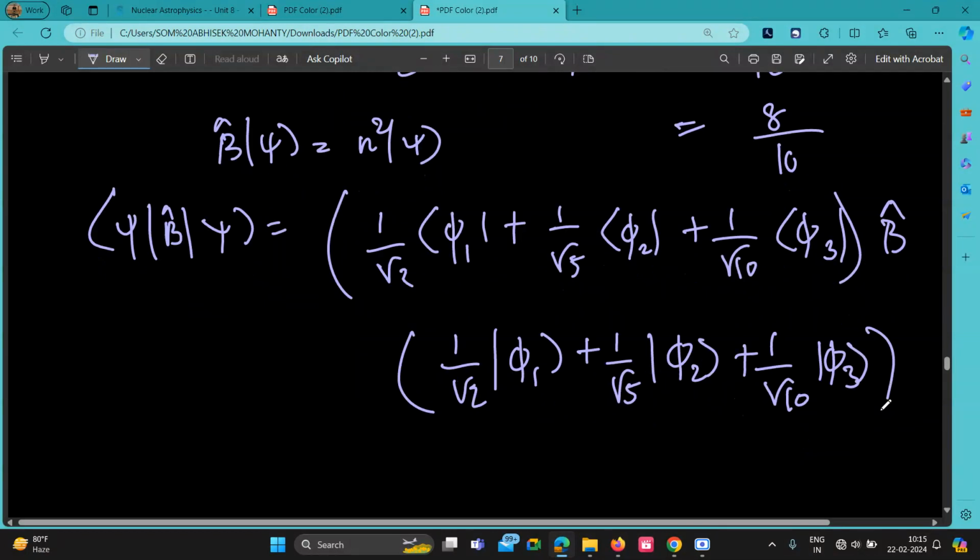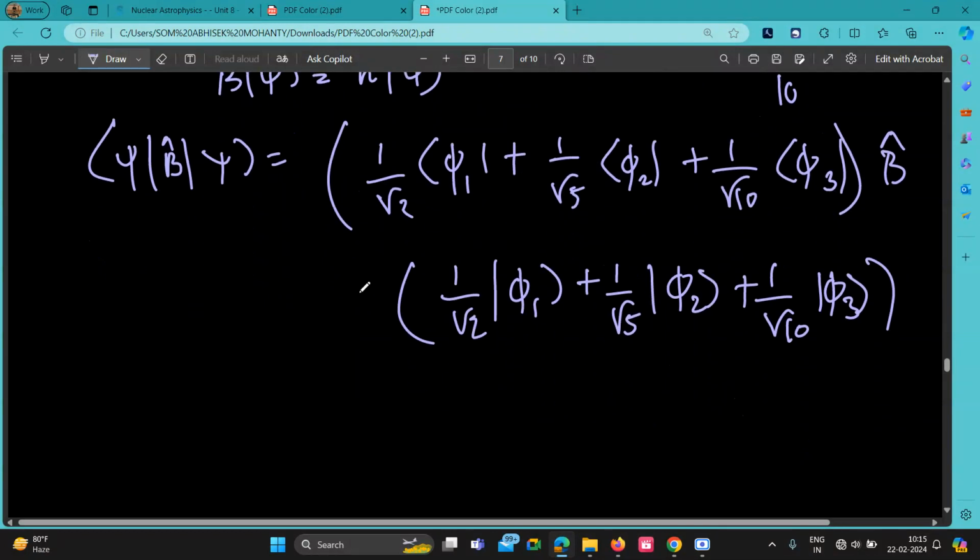So when B operates on phi 1, B phi n is n square phi n, so it will give me 1 square phi 1.